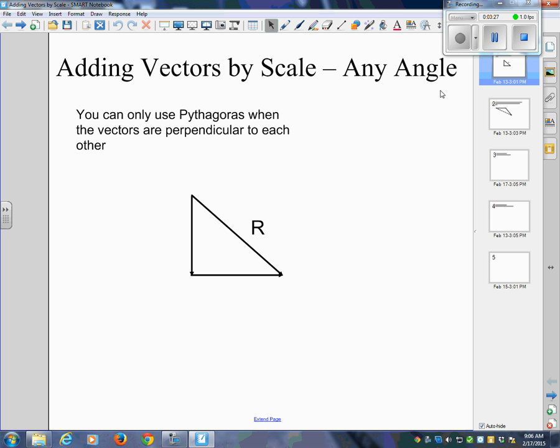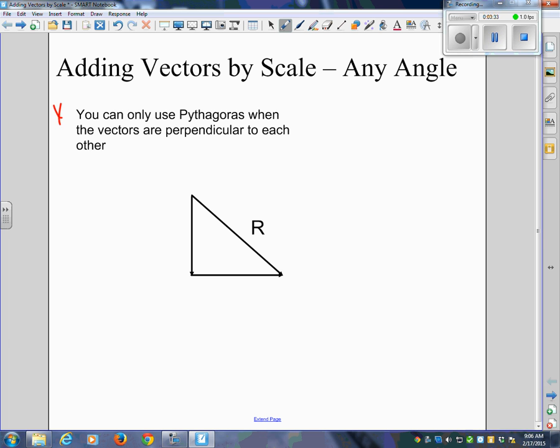You can only use Pythagoras when the vectors are perpendicular to each other. How important is that? Pretty important. I've mentioned it about 4 times already today. And yet, having mentioned that, there will still be people on the test, quite likely next Wednesday, that will still use Pythagoras when they are not perpendicular. I will shake my head and go, were they not listening?